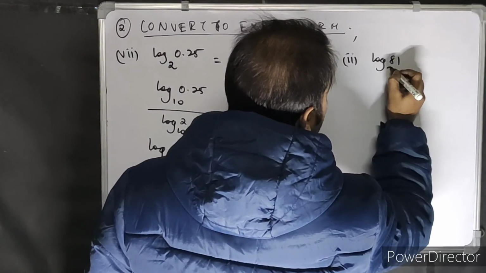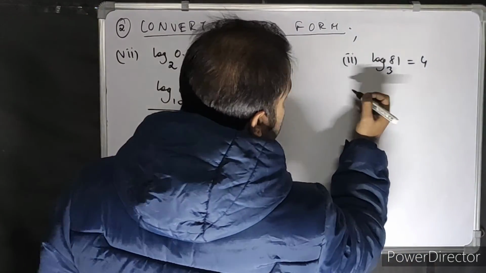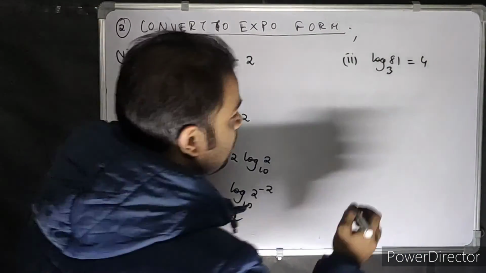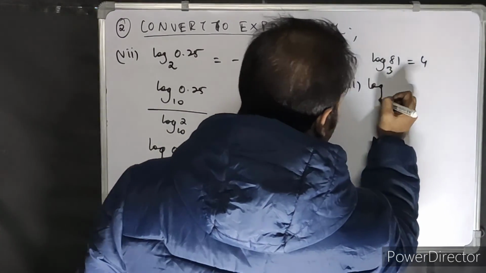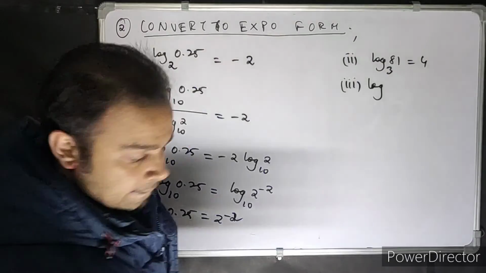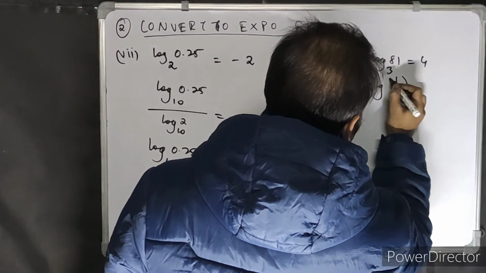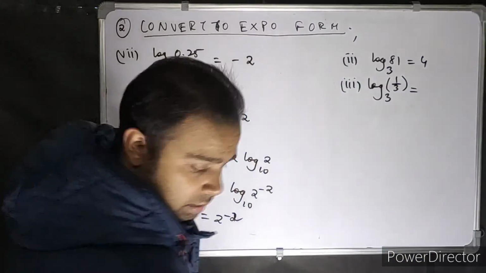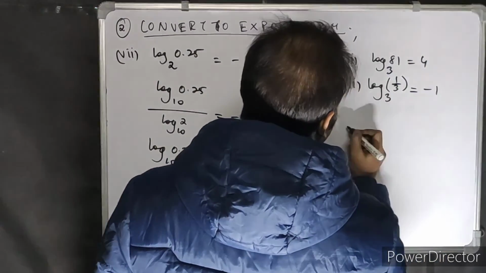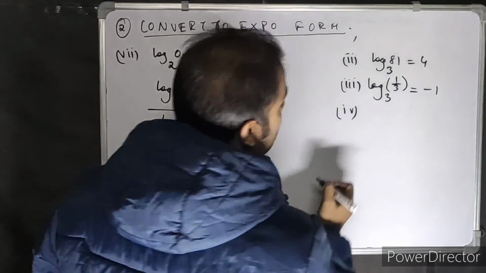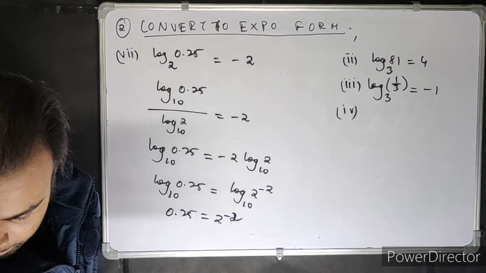Part 2: log 81 base 3 is equal to 4. Do this. Then I didn't do part 3. Part 3 is log 1 by 3 base 3 is equal to minus 1. You have to write them in exponent form, means remove the log. Log should not be there.